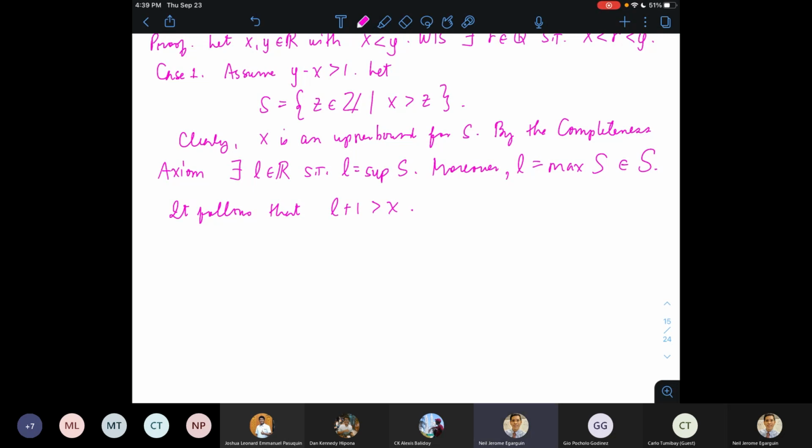Mali pala yung iniisip ko. Wait. Bakit si L plus 1 dapat mas malaki kay X? Ano yung mababiolate ko kapag si L plus 1 ay mas maliit kay X?